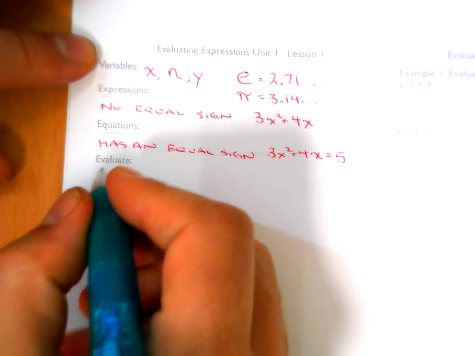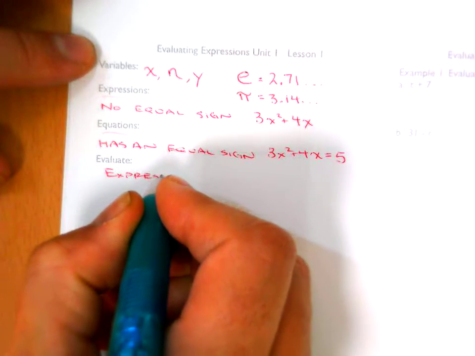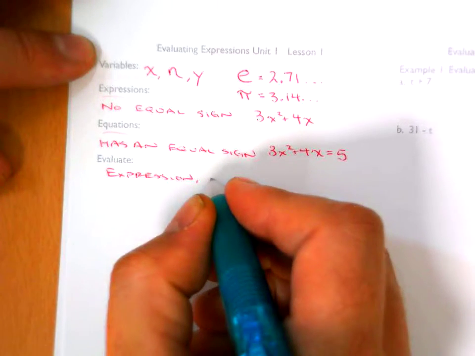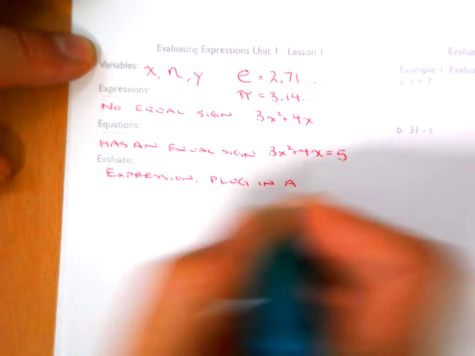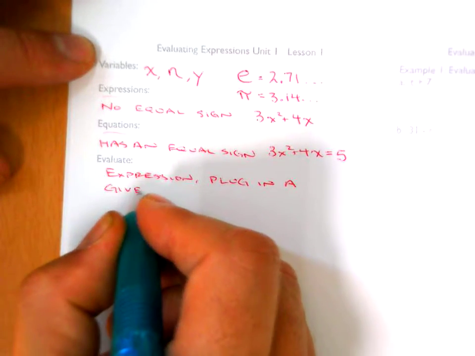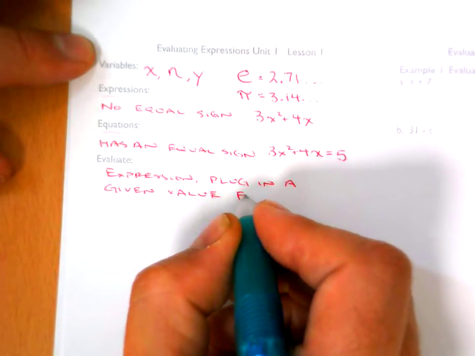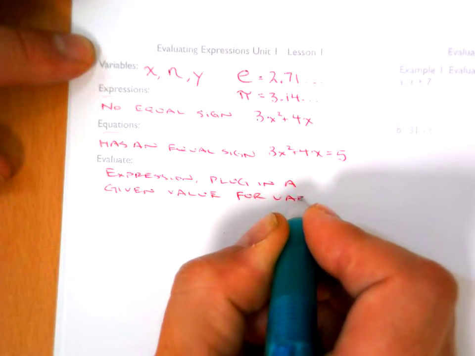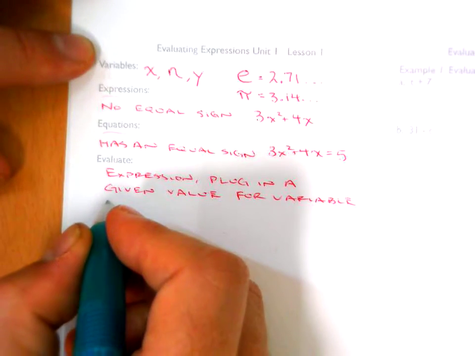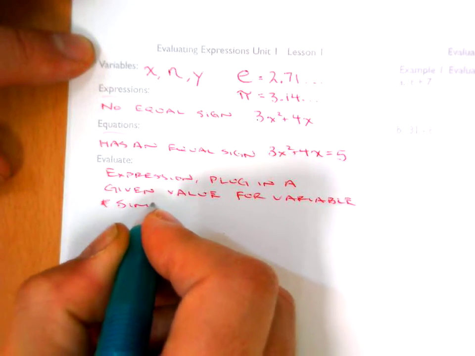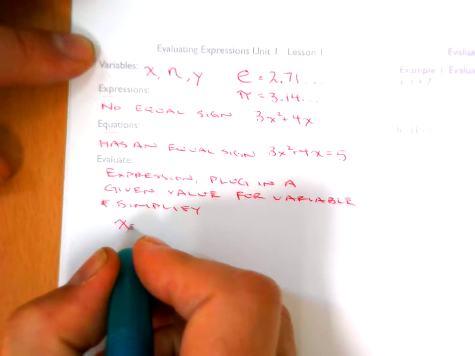And here is one important distinction that you need to know this year. We evaluate expressions. We plug in a given value for the variable, and then simplify. So an example would be, say, x equals 5.